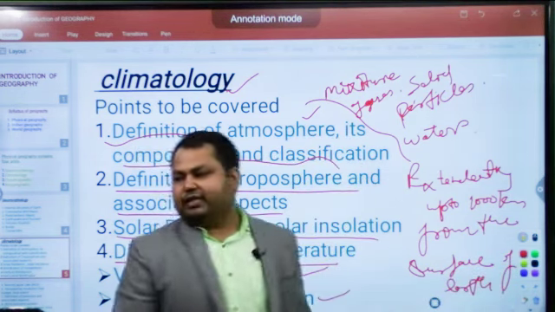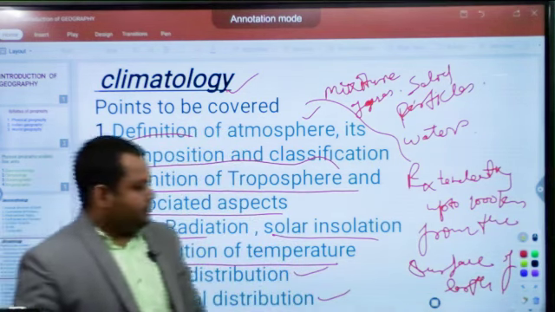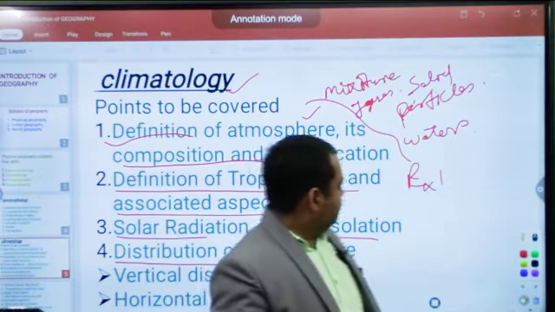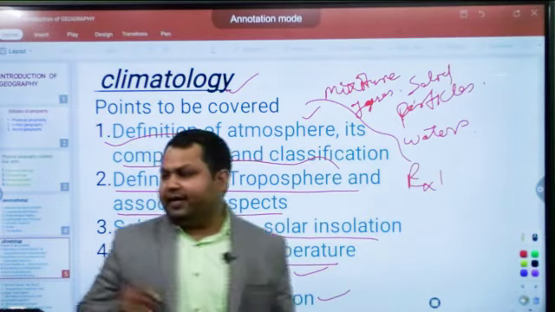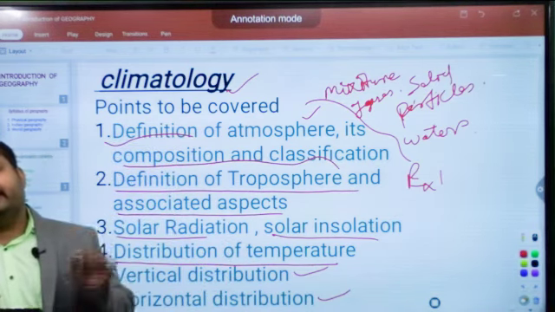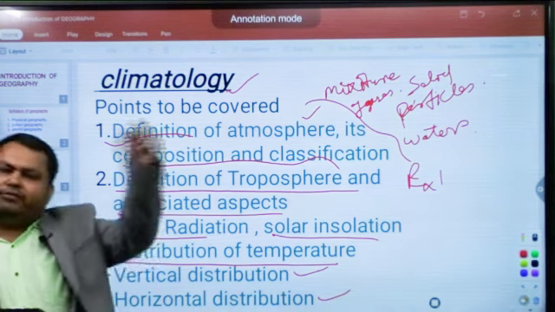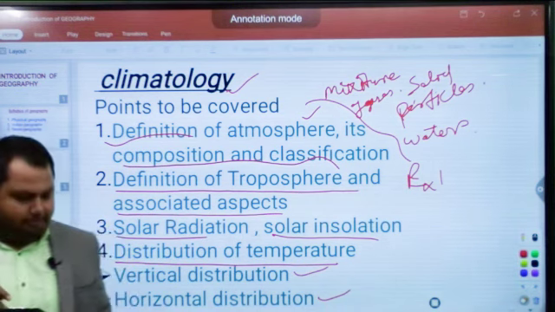That is called atmosphere. So we can define atmosphere as a mixture of solid, liquid and gases extending up to 1000 kilometer from the surface of Earth, enveloping the whole Earth, called atmosphere.